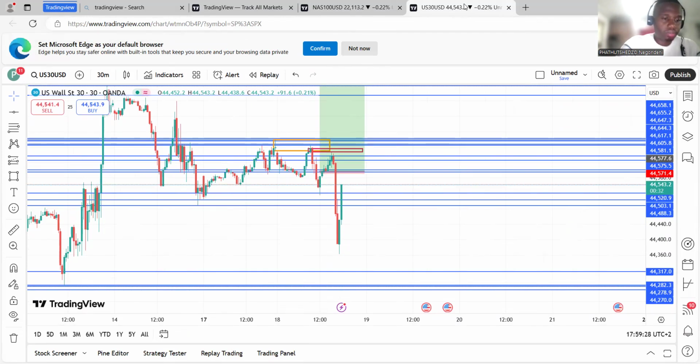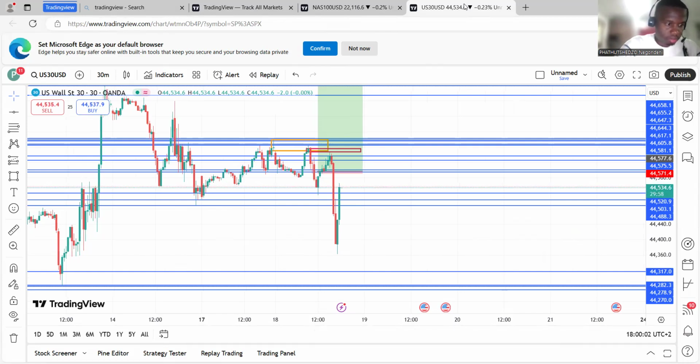So let me just check what's happening. US30 is pushing too much. They're pushing too much. Let me see where the stop loss is gonna be. Let me see something just coming just above here.